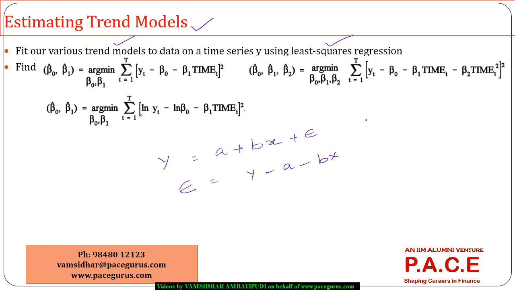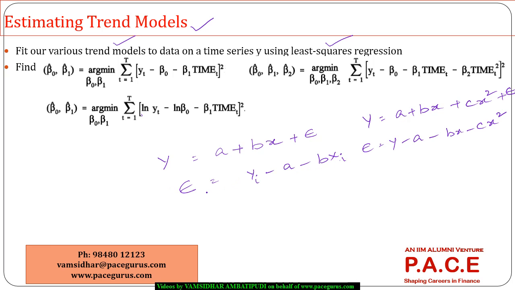Similarly, in a quadratic trend, it would be y equal to a plus bx plus cx squared plus some error term. Here also we can write the error term as y minus a minus bx minus cx squared. While doing the estimate, for every observation, I want this to be applicable, right?